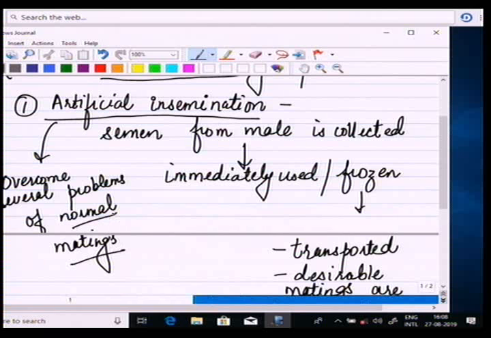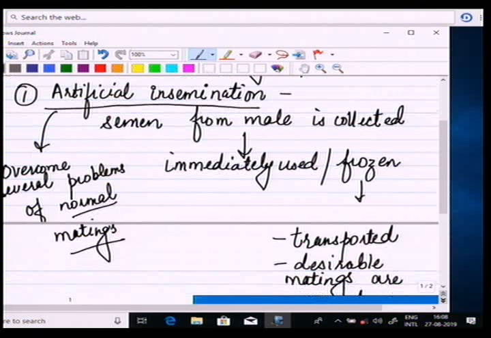Under normal mating programs we have different types of problems and issues, but with programs of this sort, all those problems are covered. Please copy this down and let me know if you have any confusion. So this is the first program, that is artificial insemination. We have done this in the reproductive health chapter also.